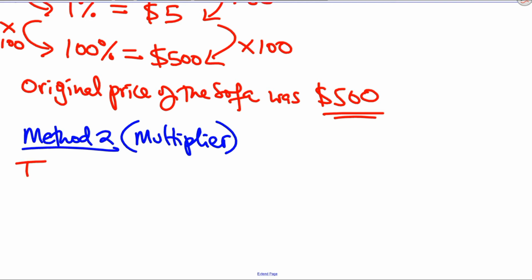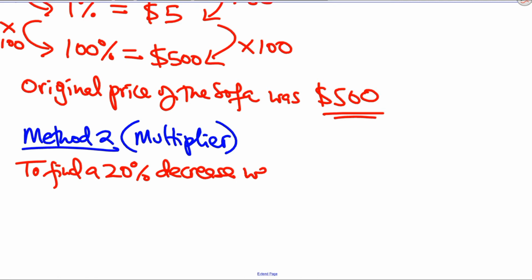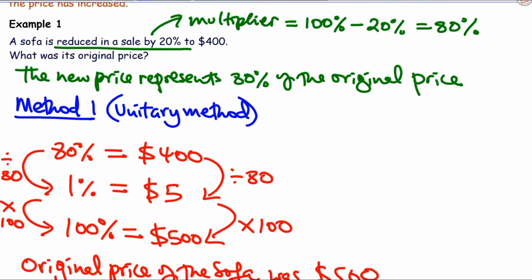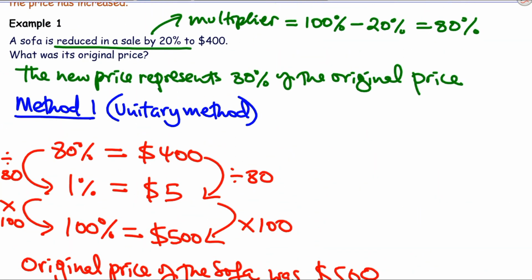So we know that to find a 20% decrease, we multiply by 80% or 0.8. So, and this is basically what has happened here, okay? Because in the question, a sofa is reduced by 20% to 400. So already, the original price has been multiplied by the multiplier, which is 0.8.